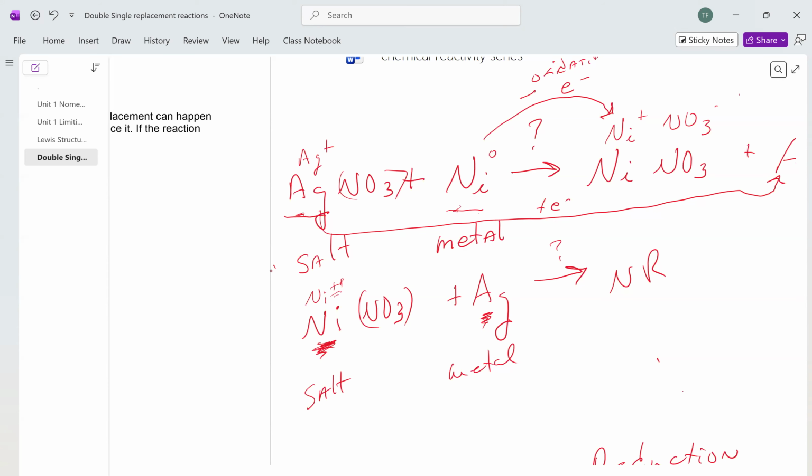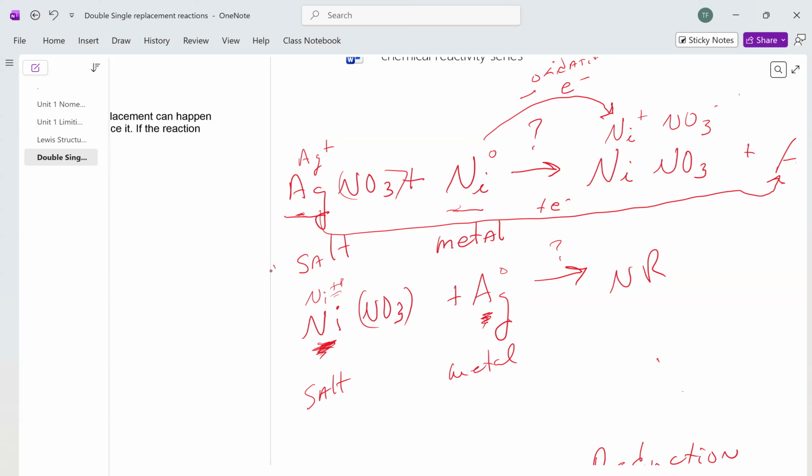In this case, the silver is a 0 because it's a metal. Does it want to become an Ag +1? That means it wants to oxidize. Well, the nickel takes precedence over the silver because it's higher. And it's already oxidized, so there's nothing that can be oxidized now. That's why there's no reaction. Is that better? Yeah, that makes sense.